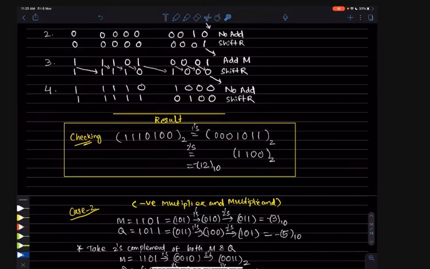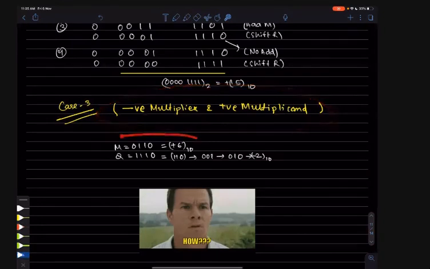Write this question and solve it, and whoever can solve it, I will give you 5 marks in CT2. But who will solve it fast? I will post this question on Classroom.